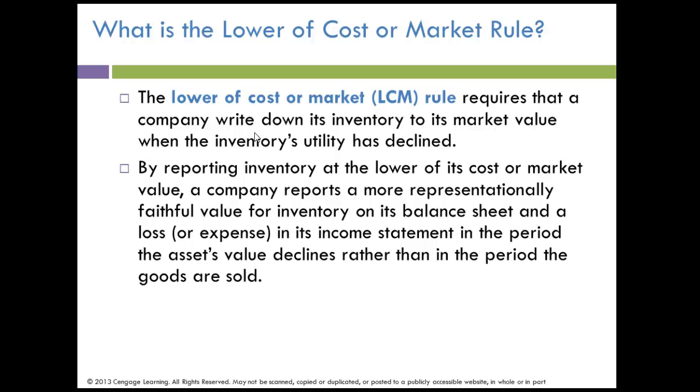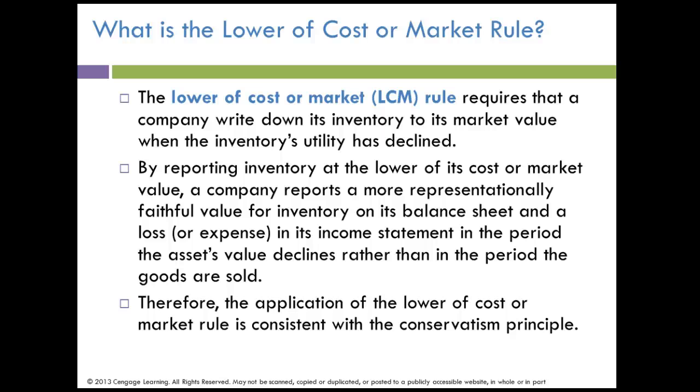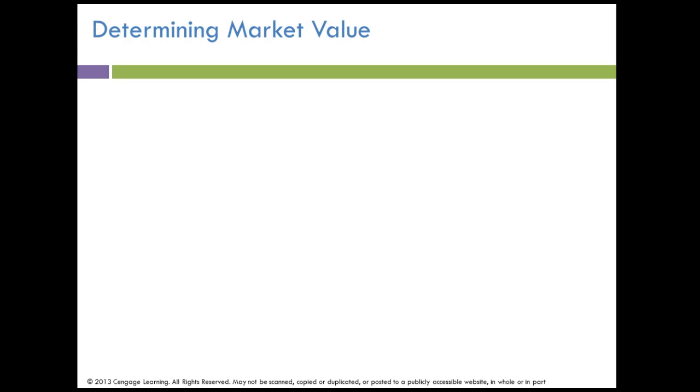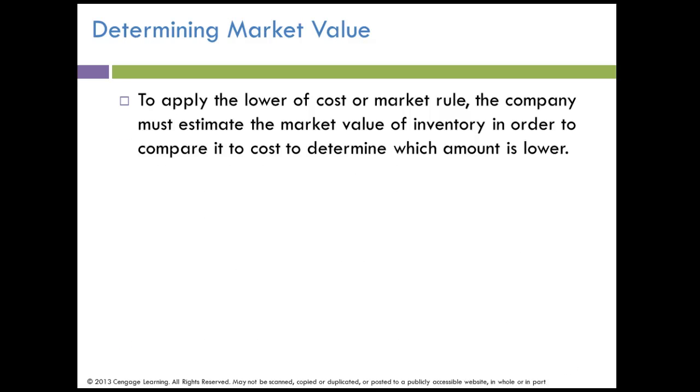Again, the goal here is conservatism, and as you see here, it represents more of a true value on the balance sheet and in the income statement when those assets decline. So the lower of cost or market rule is in line with the conservatism principle. So we'll talk about how that works.